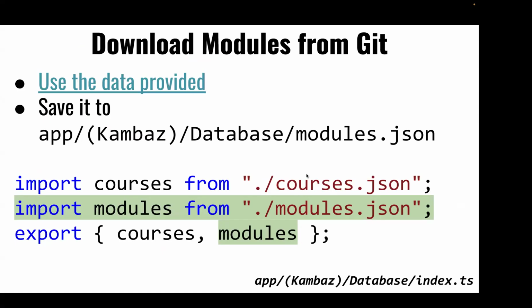You're going to add the modules JSON to our quote unquote database, and each module, if you look at the implementation, has a reference to the parent course, meaning what course it belongs to. So each module has the name of the module, a description of the module, maybe an optional lesson, but then it also has kind of like a foreign key that references the course it belongs to, right?